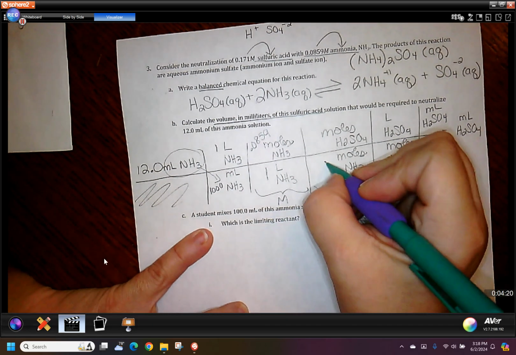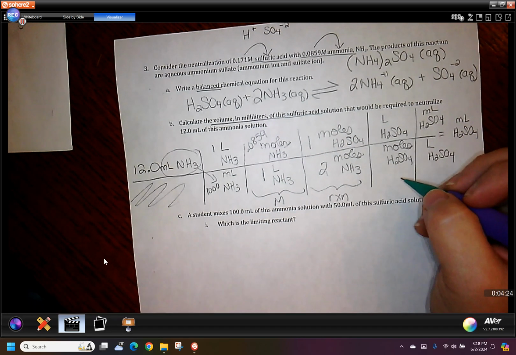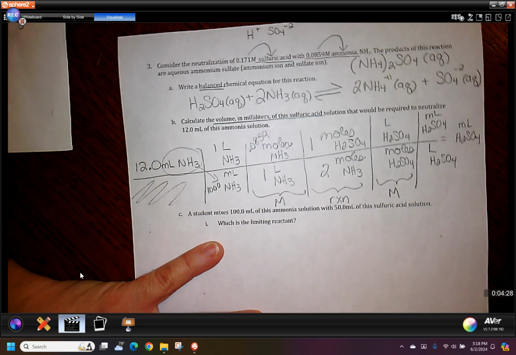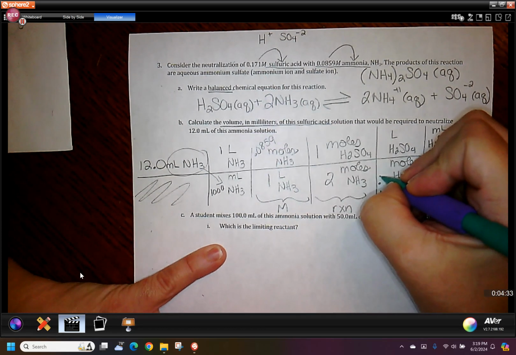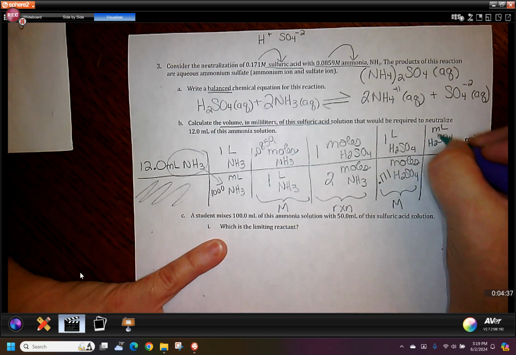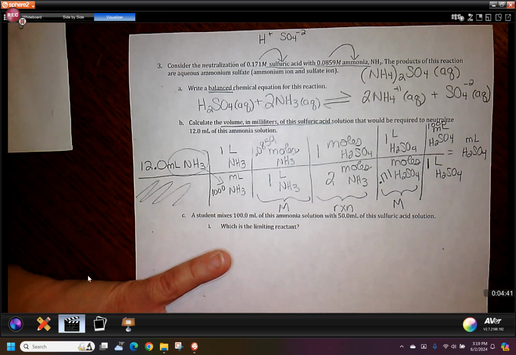Okay, so I'm going to see a 2 in front of ammonia, a 1 in front of sulfuric acid. Moles again. Well, this is molarity, and I've got to make sure it's molarity of sulfuric acid. So that's this one. So this is 0.171 and 1 liter. Okay? And I remember that 1,000 milliliters is 1 liter.